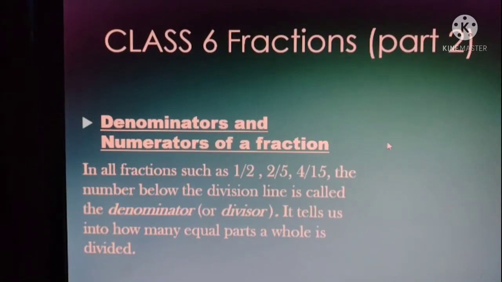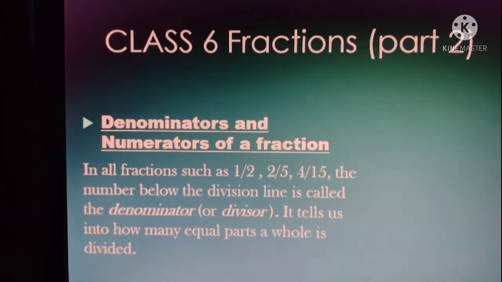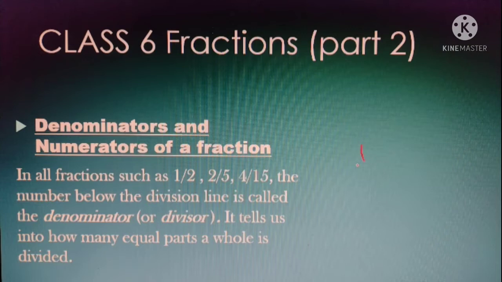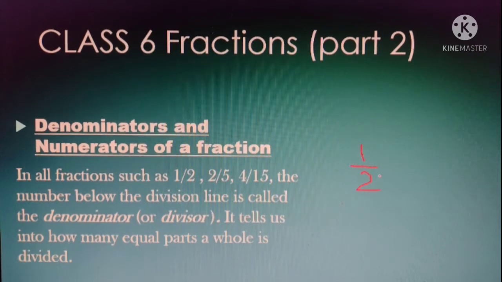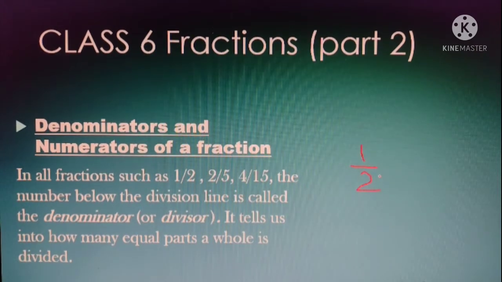So here you can see in all fractions such as 1 by 2, 2 by 5, 4 by 15, the number below the division line is called the denominator or divisor. So suppose in 1 by 2, the number below the division line is 2. So the denominator will be 2. You can also say 2 as the divisor. It tells us into how many equal parts a whole is divided.